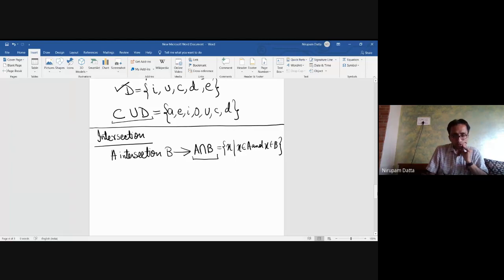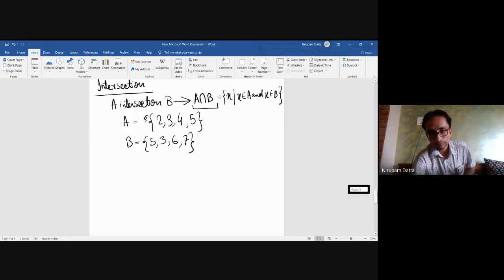So now let us work out an example. A equal to 2, 3, 4, 5. B equal to 5, 3, 6, 7.